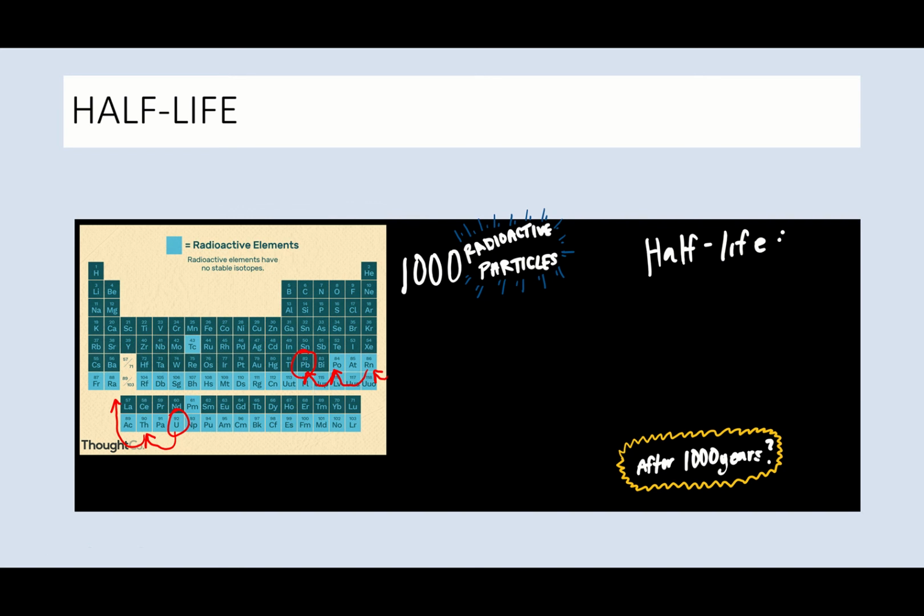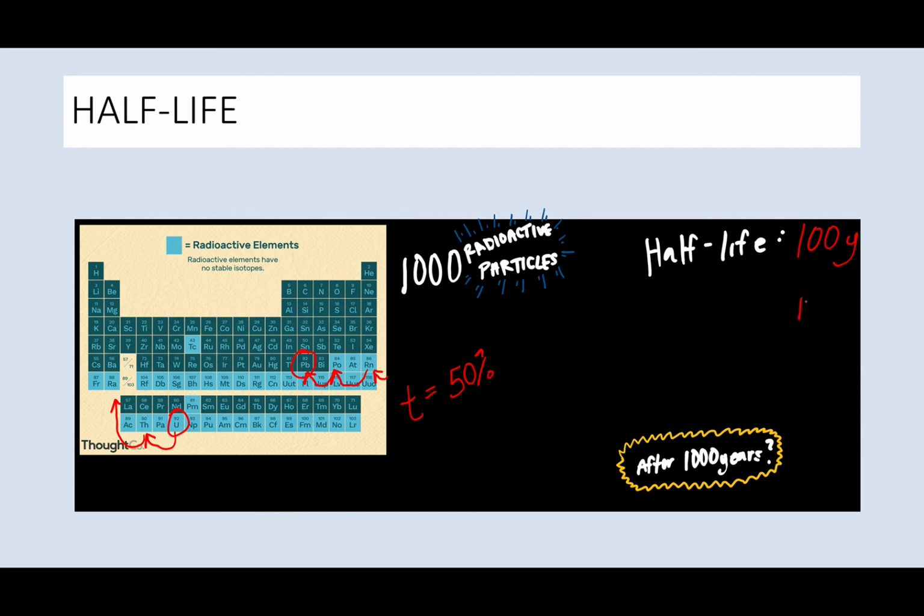So now we're going to talk about this in terms of half-life. So over here I have an example problem. If we had 1,000 radioactive particles and its half-life was 100 years, which is a pretty fast half-life, that means that after 100 years, we expect 50% to be remaining.